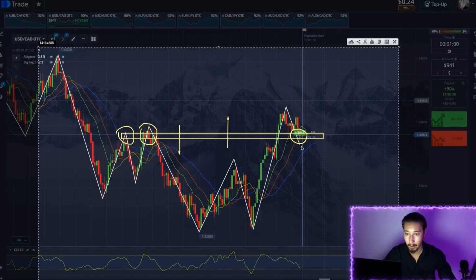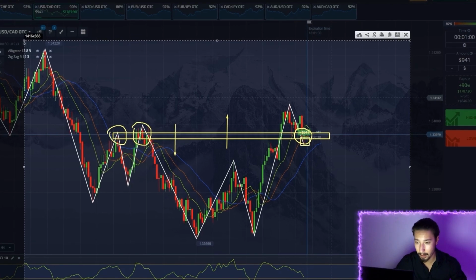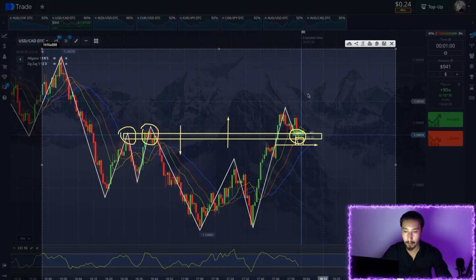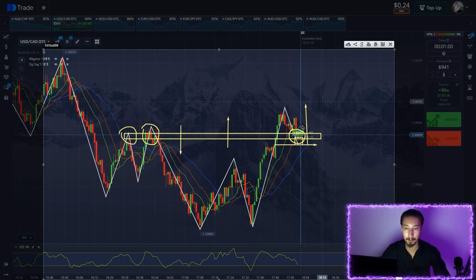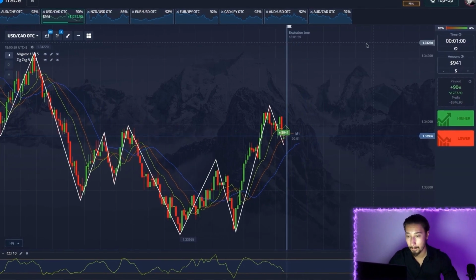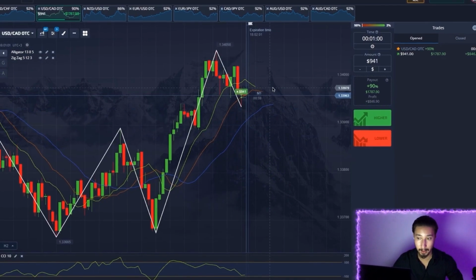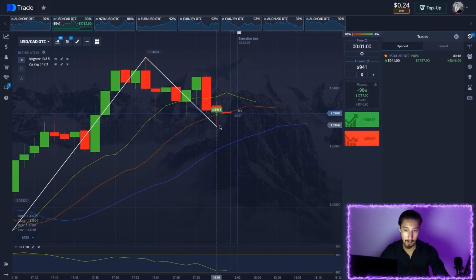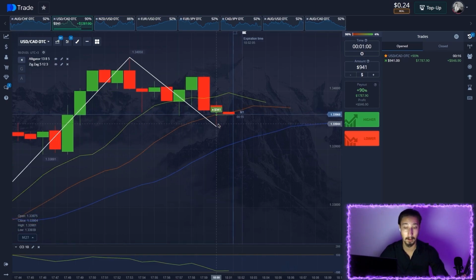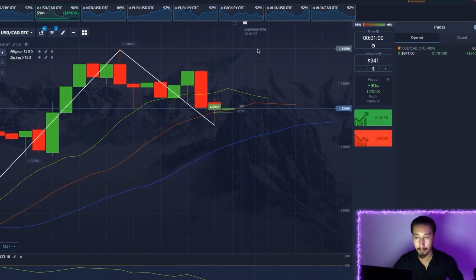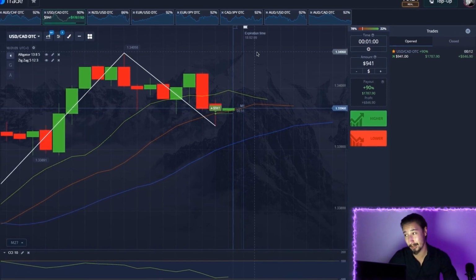And here we have also seen the formation of a new local minimum. Our sliding alligators are also directed upwards. So the opening of the position here is long, even if we had a not entirely successful entry, we could have opened much better. So let's just watch the results.